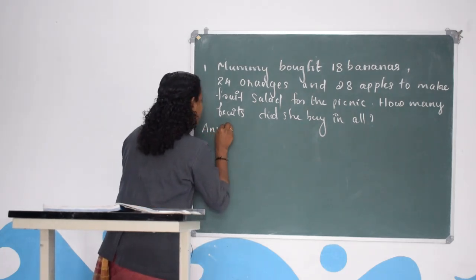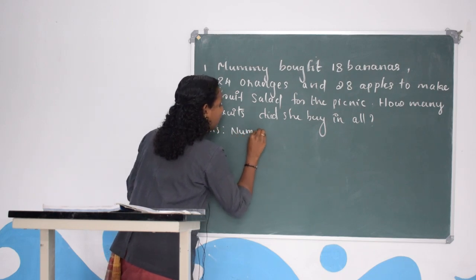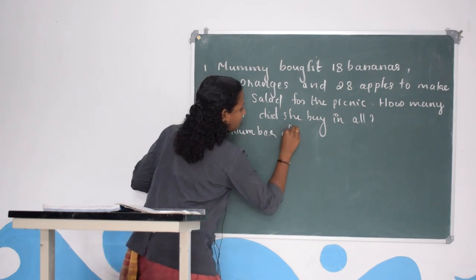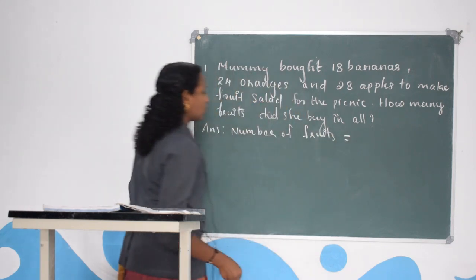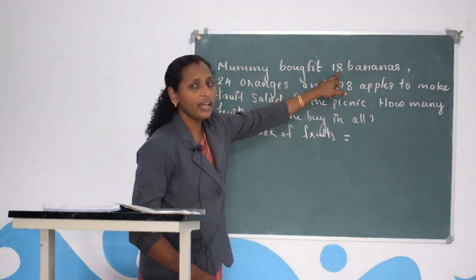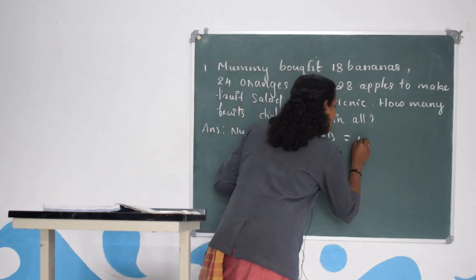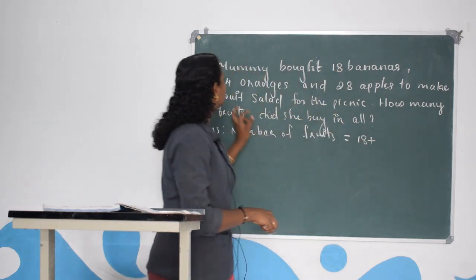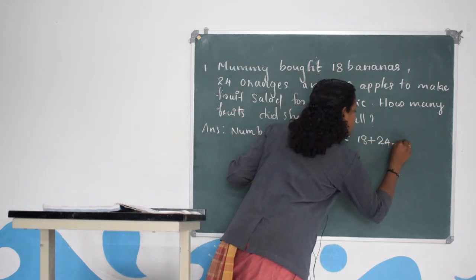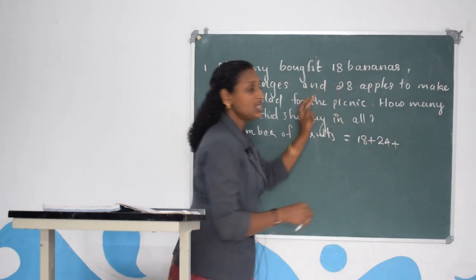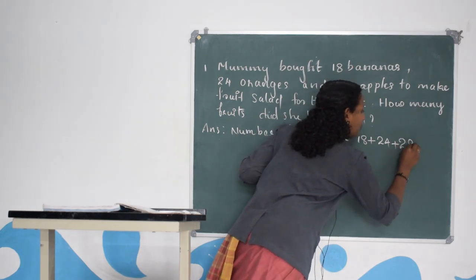Look at the answer. Number of fruits is equal to how many bananas? It has 18 bananas. How many oranges? 24 oranges. How many apples? 28 apples.